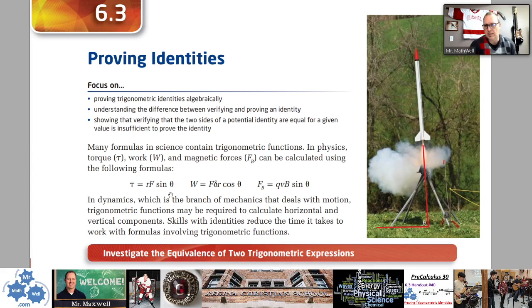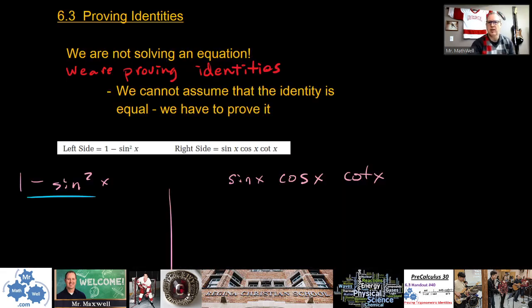Now, proving something is altogether different. We have to take our statement and work on one side and change it into the other side without treating them as equal to begin with. So proving identities is not about verification.